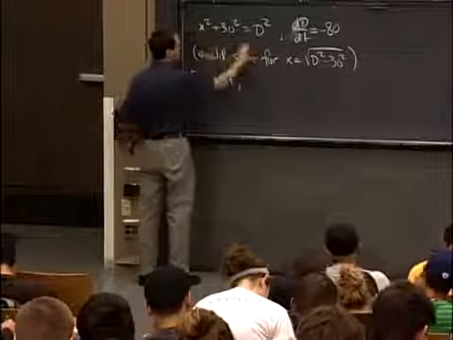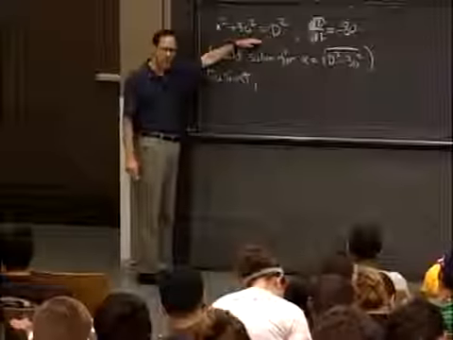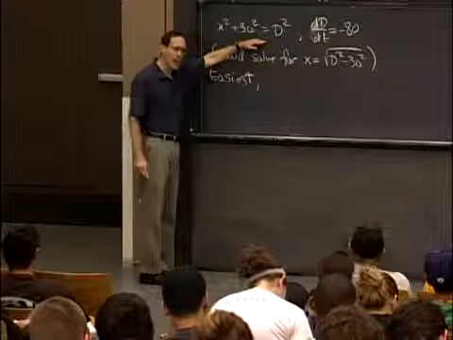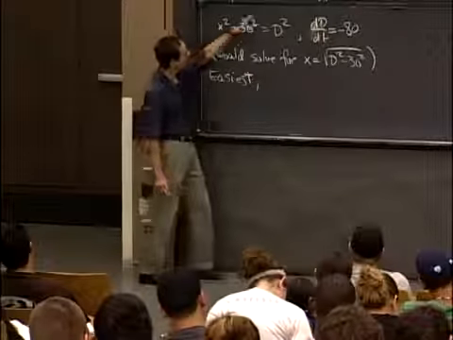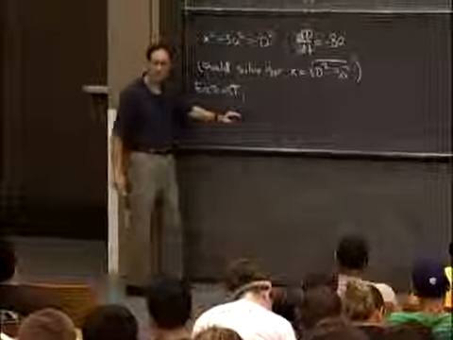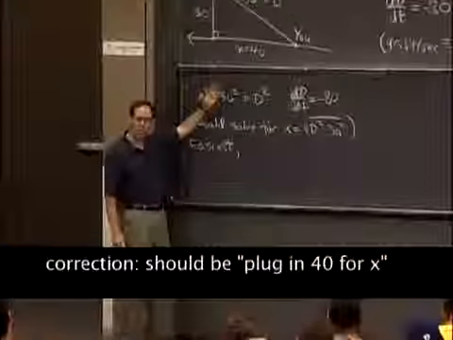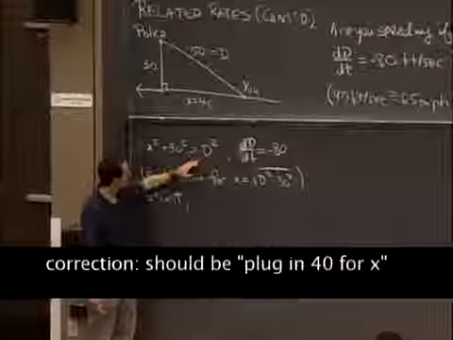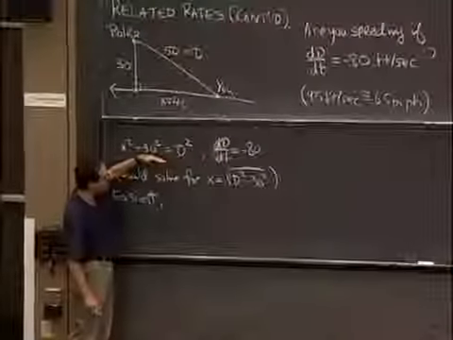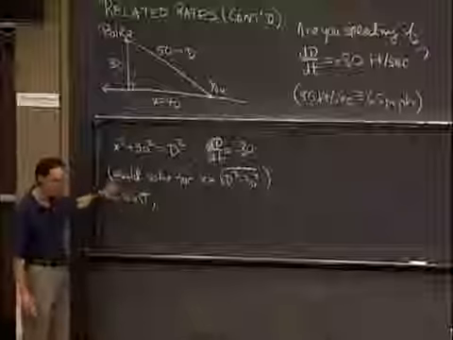Namely, we just differentiate this equation with respect to time. When you do that, you have to remember that you are not allowed to plug in a constant, namely 40, for x. You have to keep in mind what's really going on in this problem, which is that x is changing, and d is also changing. So you have to differentiate first before you plug in the values.